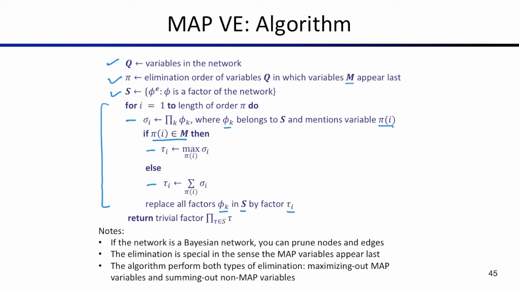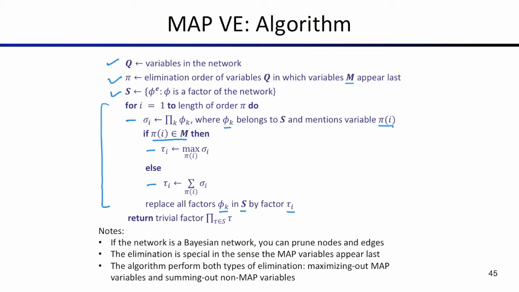When I finish that, I should have one or more factors. They're all trivial, and I will multiply those factors together in order to return the map probability to the user.